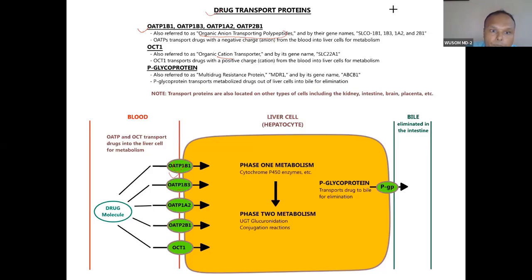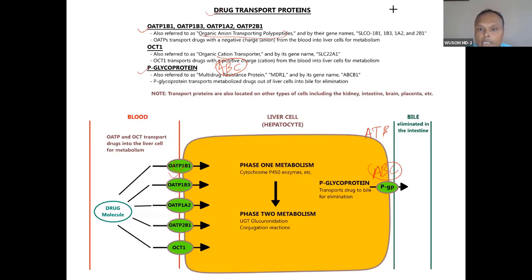Okay, by different types of proteins, the similar proteins, ABC, ATP binding cassette proteins, will throw it out. P glycoprotein is also a type of ATP binding cassette protein, ABC protein. So remember, whatever is thrown out of the cell is by an ABC protein, and ABC means, from the name, it will require ATP.